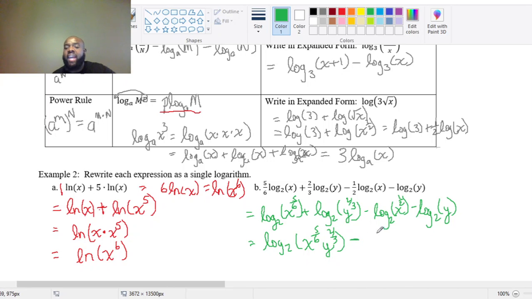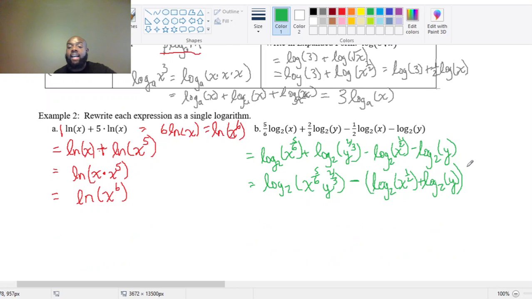But what I could do here is, since both of these are negative, I could factor out a negative here, and then these become positive. Now I can write these as a product as well.